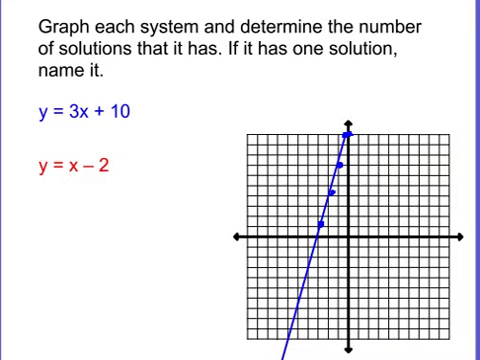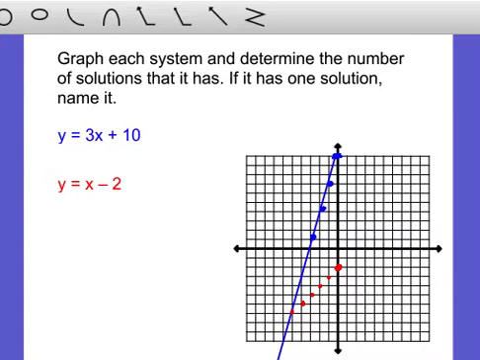And then x minus 2, so 2. And then I think I'm on the right track there. Oh, good grief. Hate it when that happens.